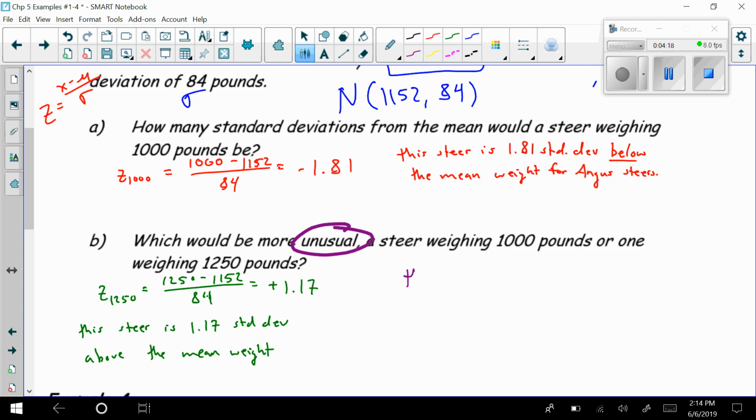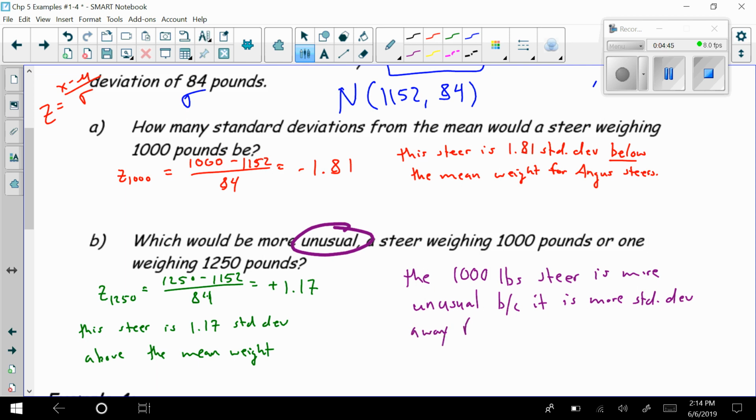So the 1,000-pound steer is more unusual because it is more standard deviations away from the mean weight.